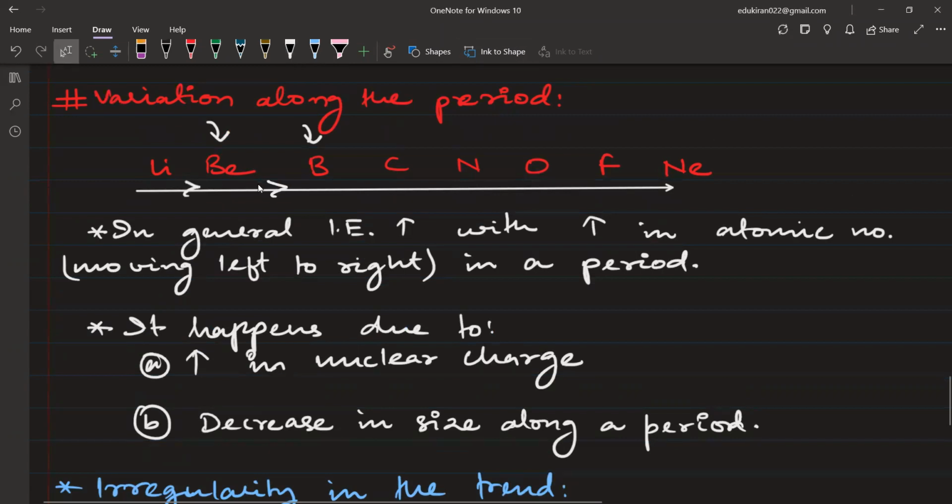Ionization enthalpy is increasing. So in this trend, what is going to happen? What is expected according to the trend? Tell me, guys. Aisha, which will have higher ionization enthalpy, beryllium or boron?